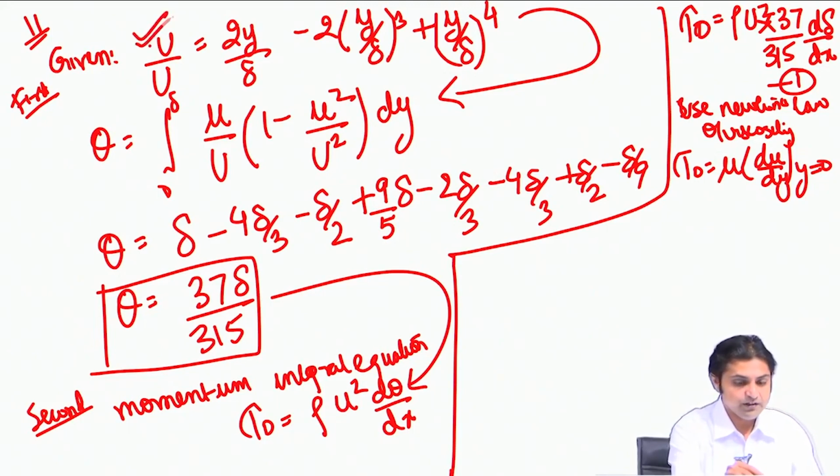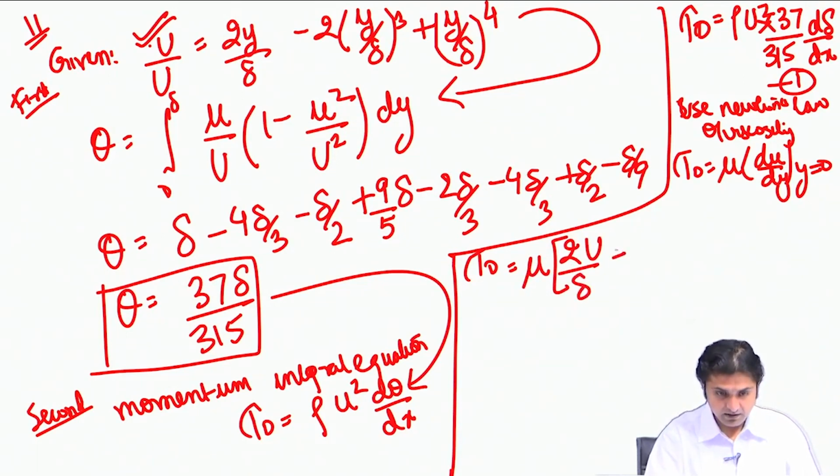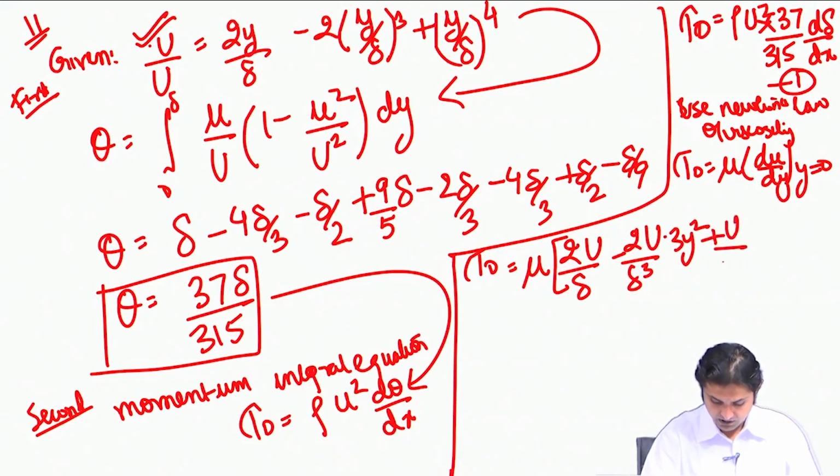So after differentiating, what we get is 2 capital U by delta minus 2 capital U by delta cube into 3y square plus U by delta to the power 4 into 4y cube, and you substitute y equal to 0.